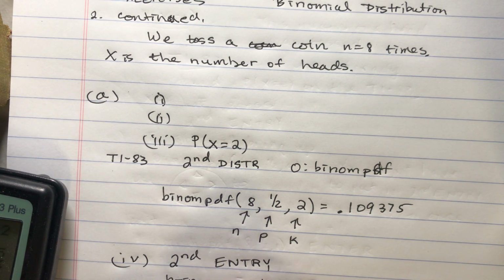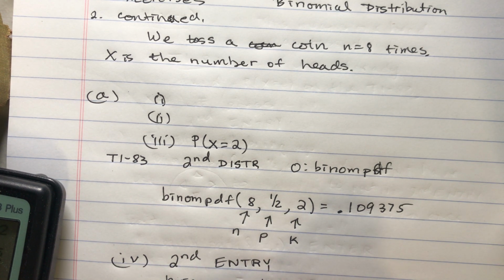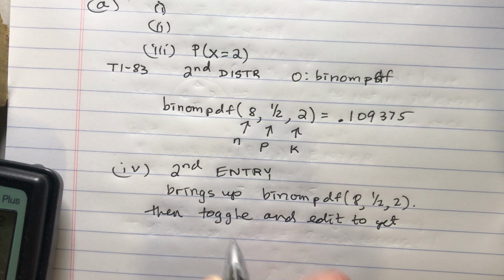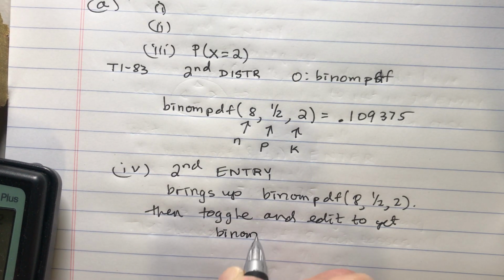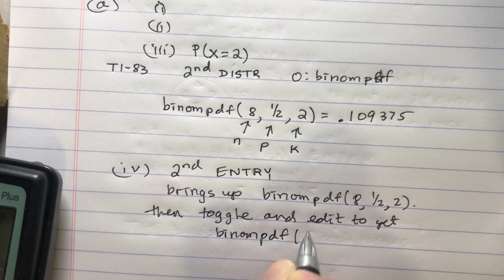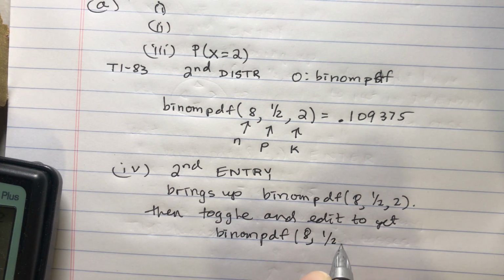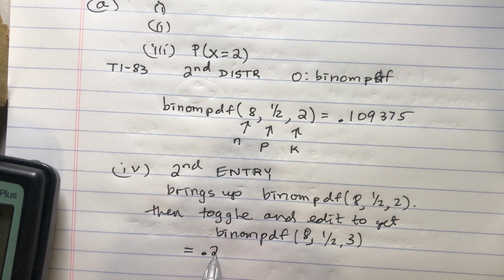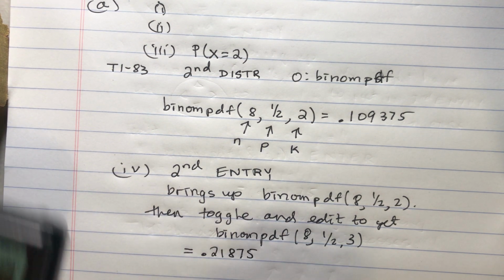Then toggle and edit to get binomial PDF 8 1/2 3, and that turned out to equal 0.21875.